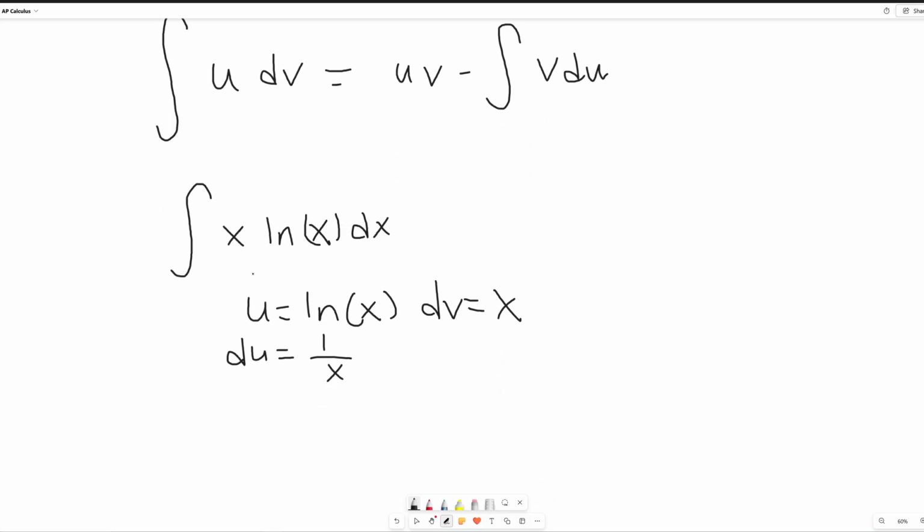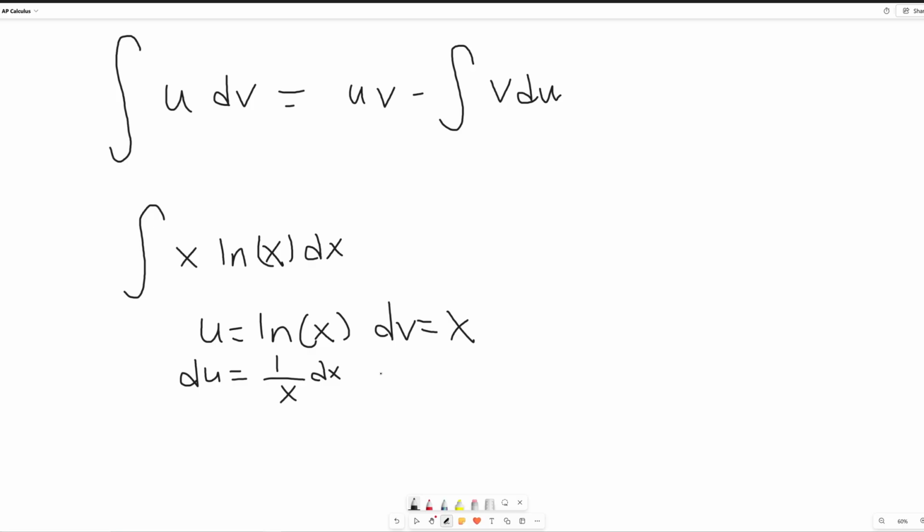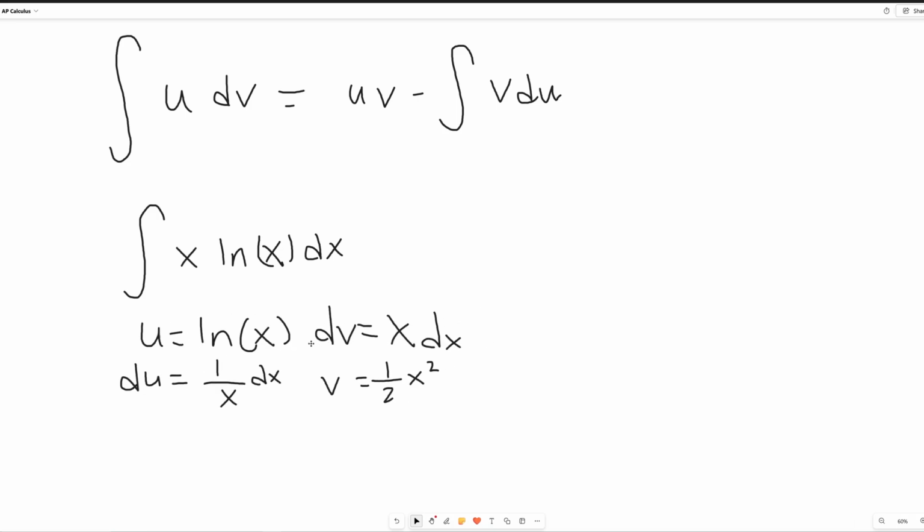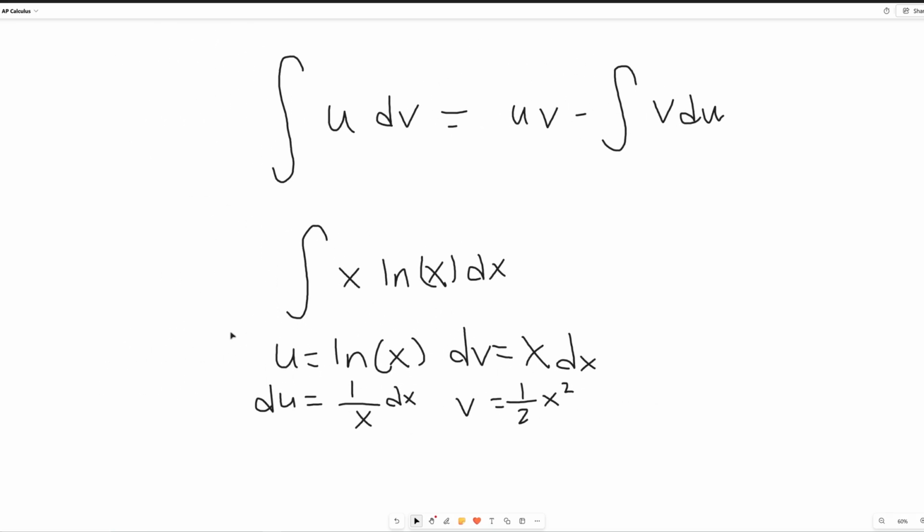So we have our u. Our du is just a derivative and then add dx to the end. And then our v is the integral of our dv. So 1/2 x squared. You know how to integrate x, and you know how to take the derivative of ln of x. So for any integration by parts problem, you need to create this relationship.